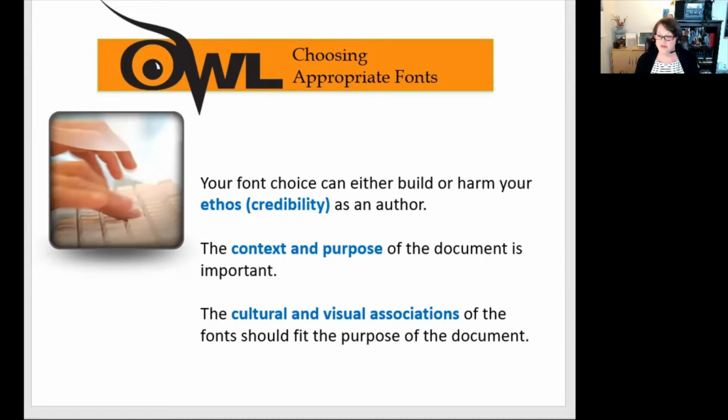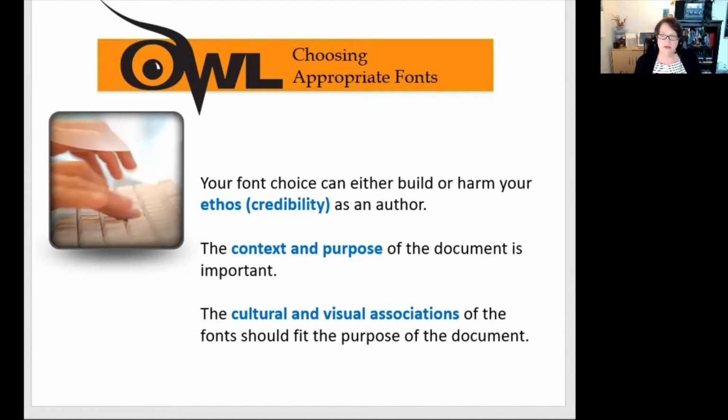Not all fonts will fit the document because the document might have one purpose. And an improper font choice may distract from or contradict the document's intent. I mean, if you think about how we ask you to use MLA format, the typical font is Times New Roman or something similar, something that is a little bit more formal and is easier to read, right?